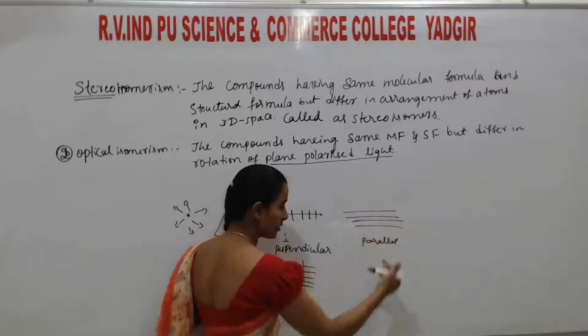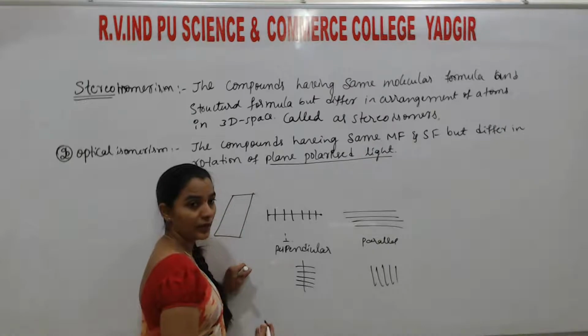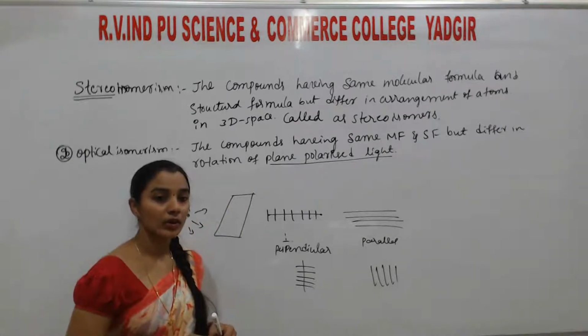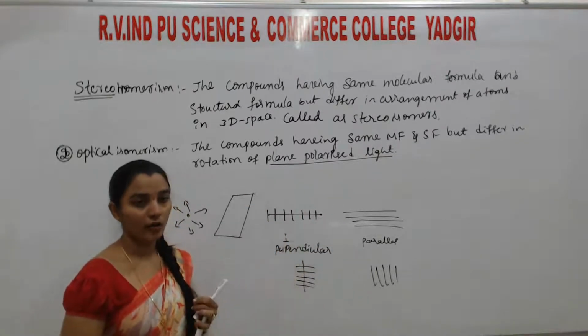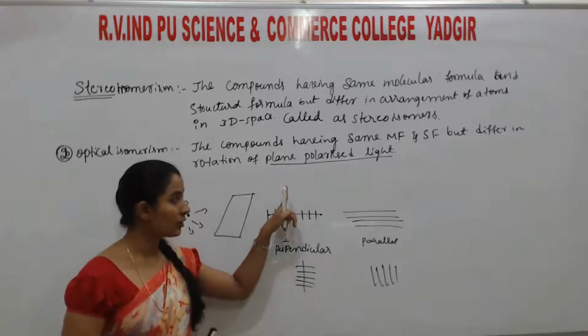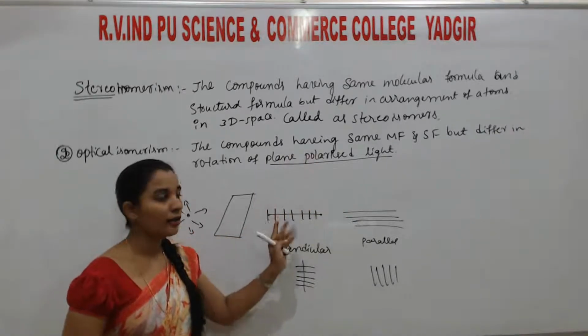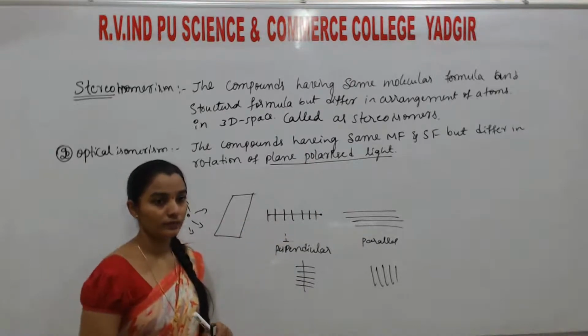If I just turn this, it becomes perpendicular. Understand? That is what? Rotation of the plane polarized light, either clockwise or anti-clockwise. So based on whether it rotates the plane polarized light clockwise or anti-clockwise, it is classified as dextro and levo.